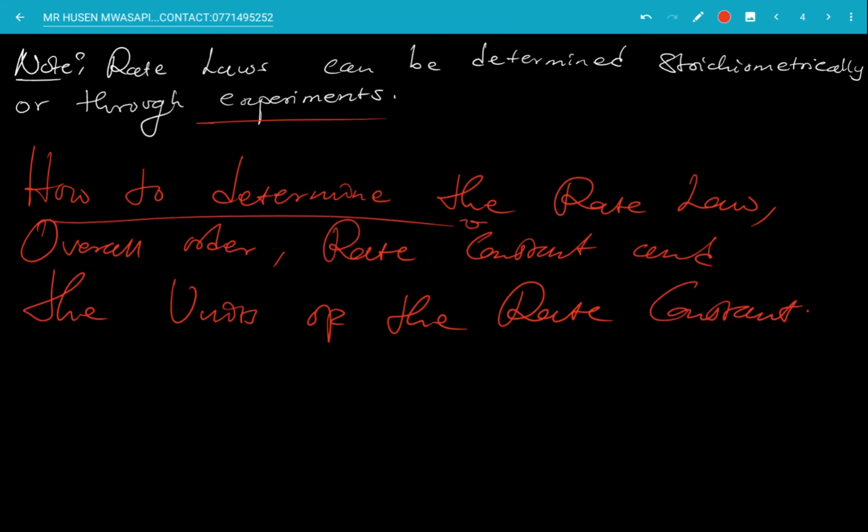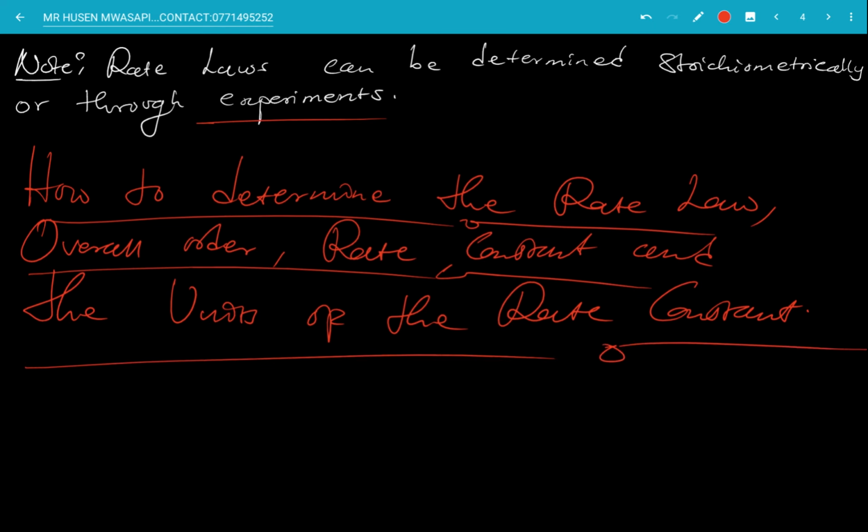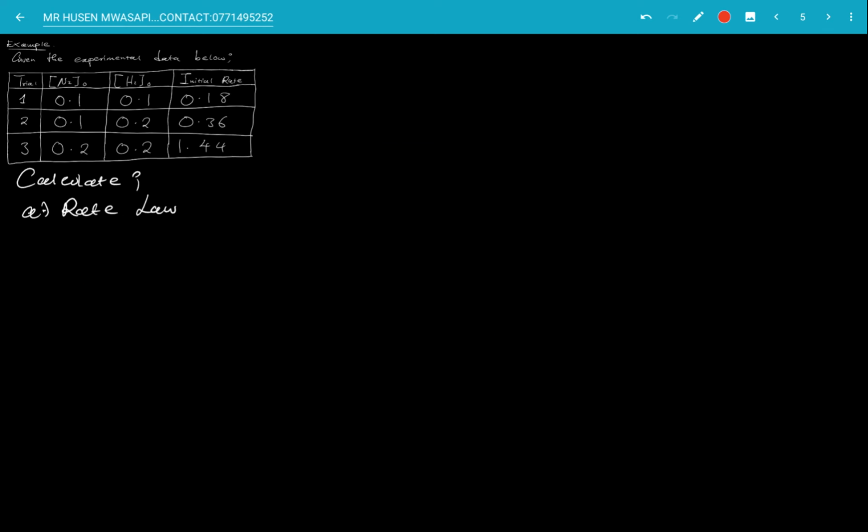So this is what we'll look at: how to determine the rate law, the overall order, the rate constant, and the units of the rate constant. Basically the problems we'll be looking at now are experimental type problems because they're the most frequently found questions. Alright, let's get to an example.